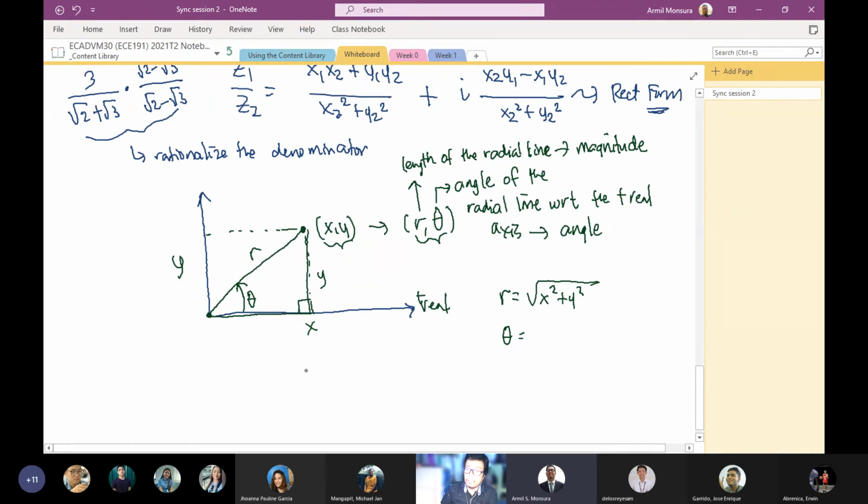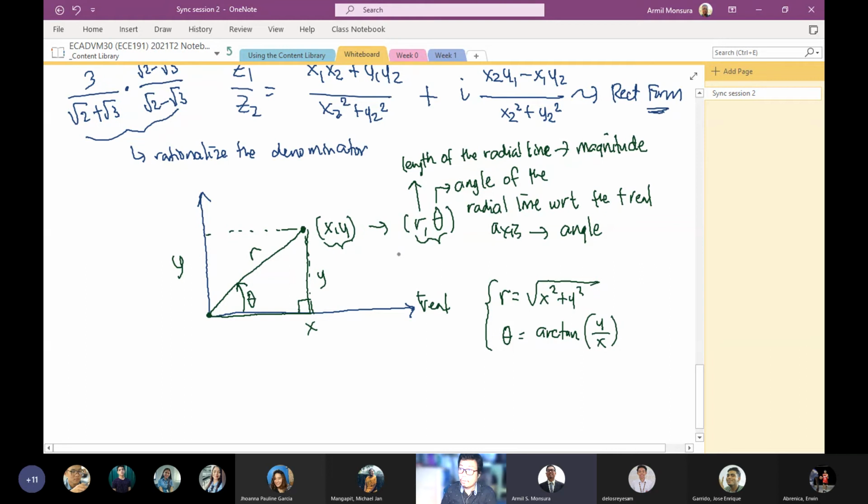So the angle is defined by the function tangent. So therefore, para mahanap yung angle, we will use the arctan or arctangent function. So this is arctan of y, opposite over adjacent. So these two formulas would give the polar coordinates of your complex number.